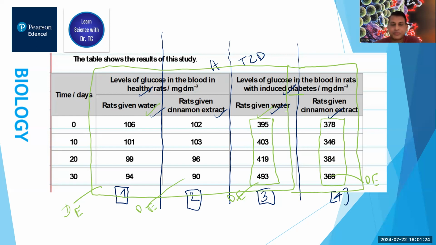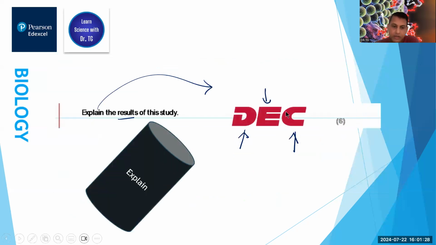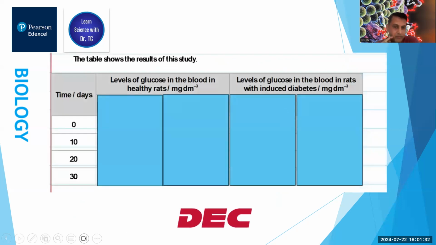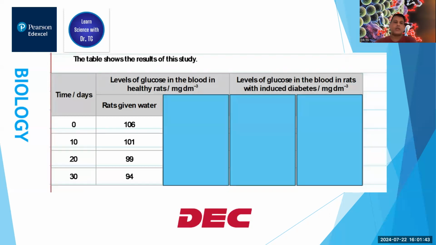So now we do it like this. We take the first part, rats given water. What we can notice is at 0 days 106, and then at 30 days 94.